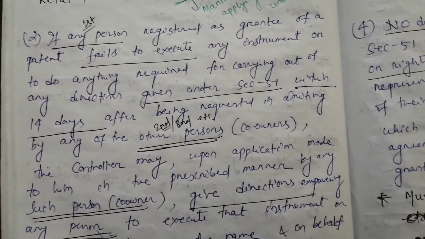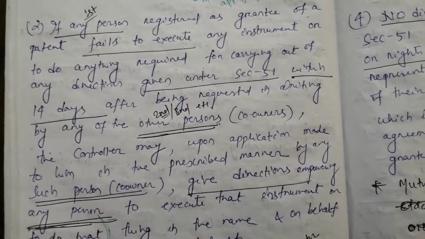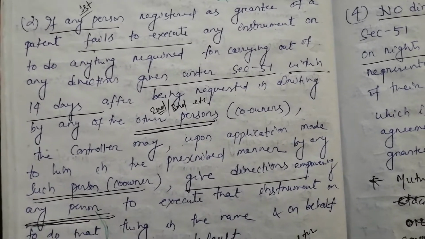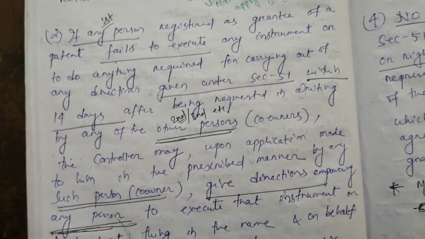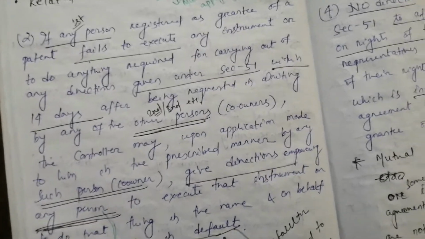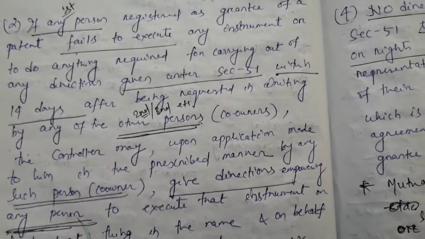First of all, please look at the underlined words. What are the underlined words? The first one is 'if any person'. That means it is also a case of co-owners.